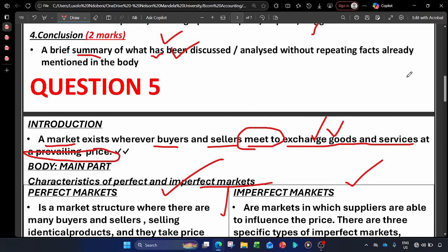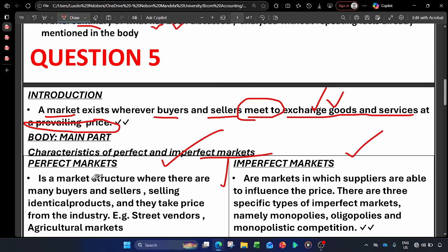Because guys, a characteristic is what makes you different from other things, right? So even if you define it, you're still going to get marks, although the question said the characteristics of the perfect and imperfect. You don't have to only show the nature, the number of buyers, and the availability of information and all that. You can also define the perfect and imperfect markets, right? So that you can get a lot of marks.